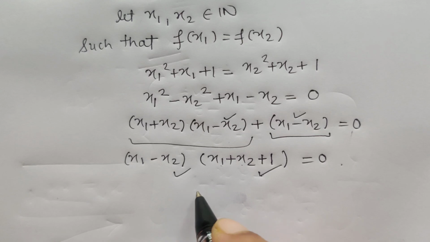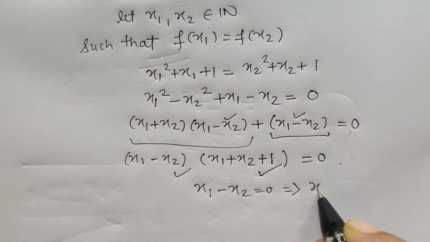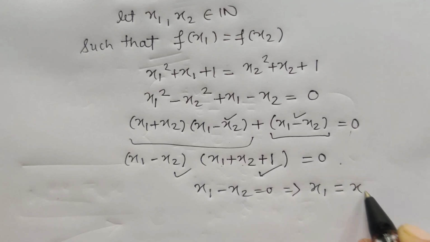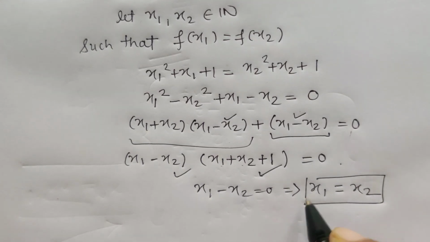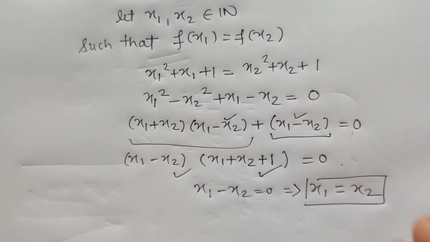So I will compare x1 − x2 with 0, which gives us x1 = x2. So for every x1, x2 belonging to the set of natural numbers such that f(x1) = f(x2) gives x1 = x2, it means that the function is one-one.